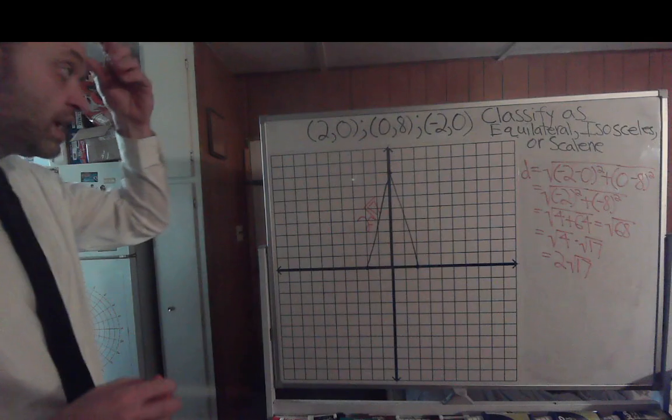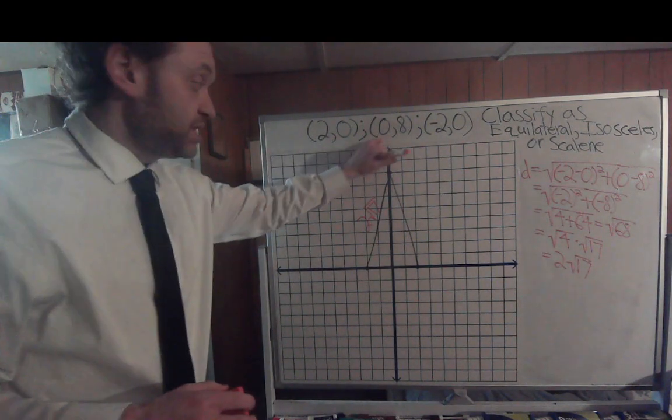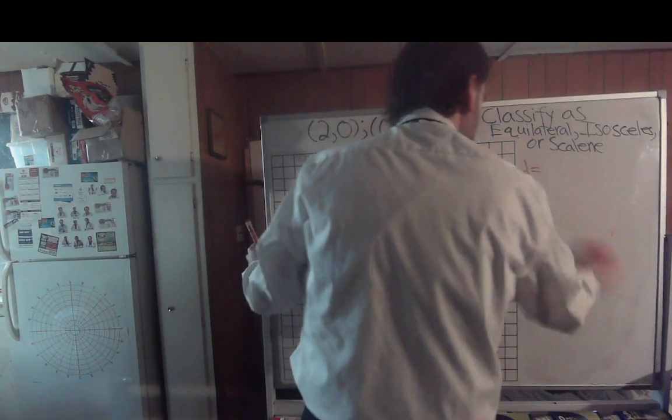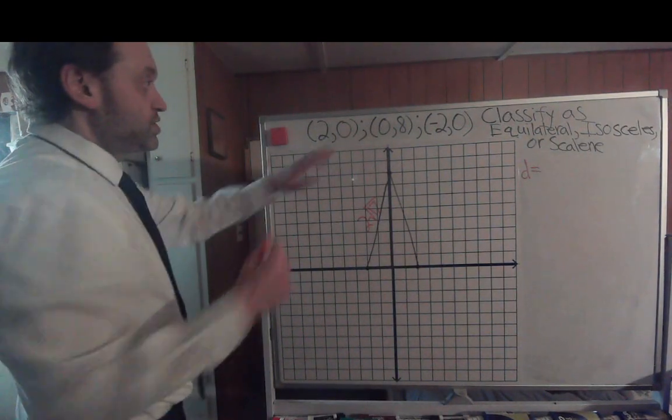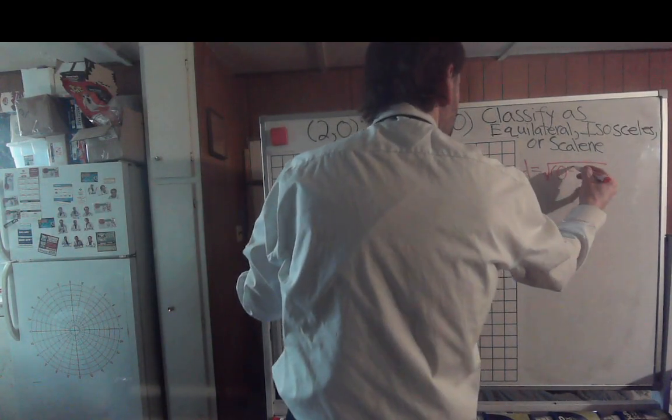So I'm going to take that distance and write it according to its corresponding side. Now, let's find the distance between 2, 0 and 0, 8. So the distance, of course, is the square root of your x2, which would be 0 minus your 2 squared, plus then your y2 of 8 minus your y1 of 0 squared.